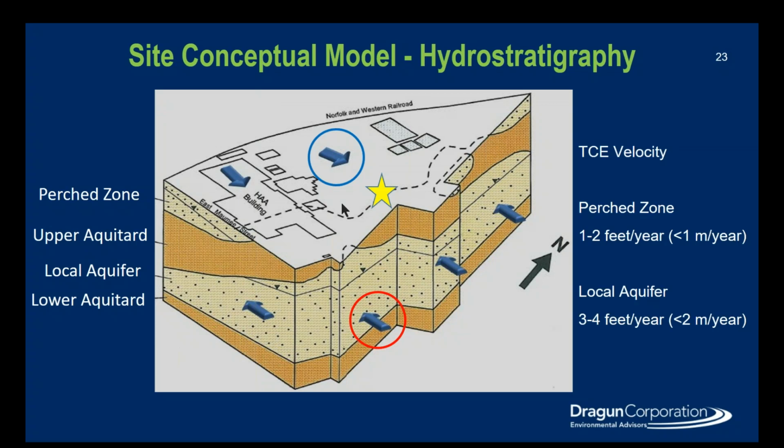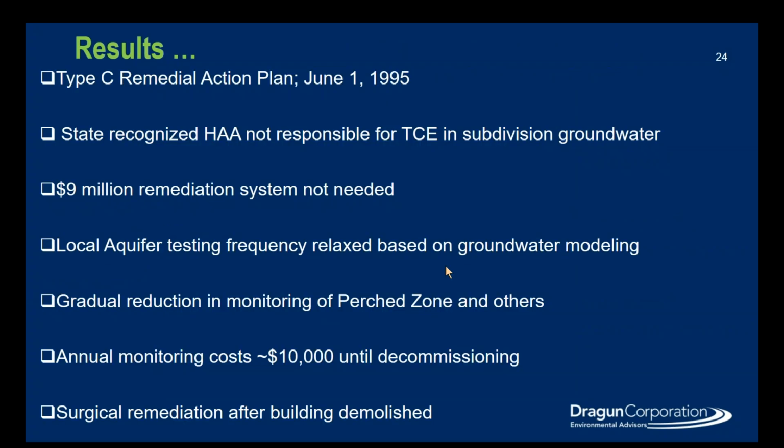So what we found was that the impacted groundwater from HAA was in the perch zone and moved to the east, but didn't go as far as the eastern property line, and that the impacted water under the residential subdivision was actually flowing towards the HAA property.